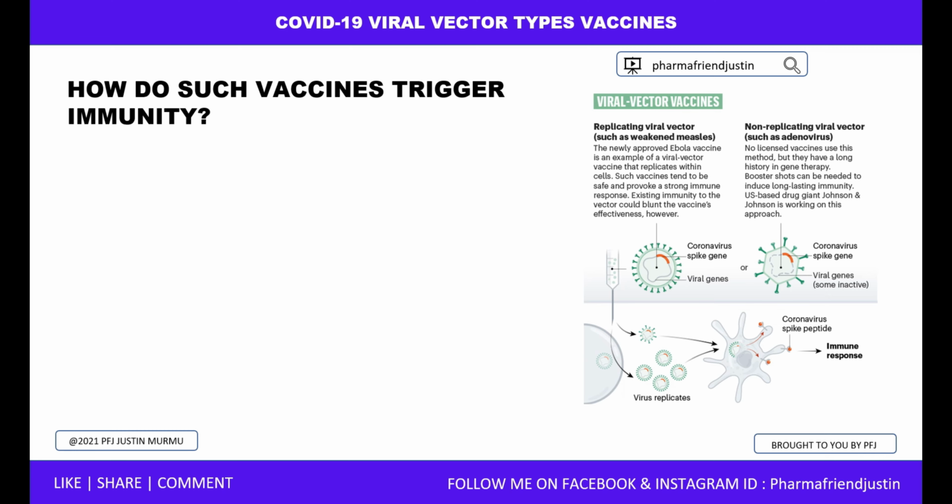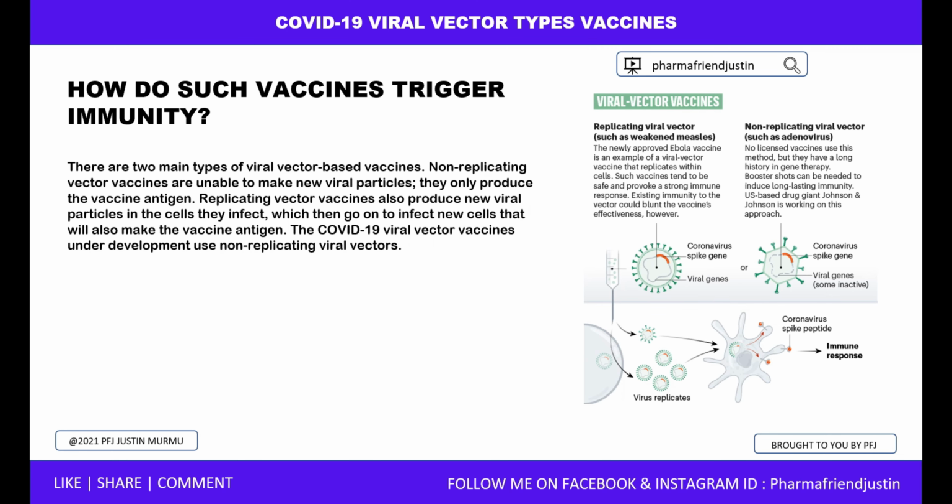How do such vaccines trigger immunity? There are two main types of viral vector-based vaccines. Non-replicating vector vaccines are unable to make new viral particles. They only produce the vaccine's antigen. Replicating vector vaccines also produce new viral particles in the cells they infect, which then go on to infect new cells that will also make the vaccine antigen.